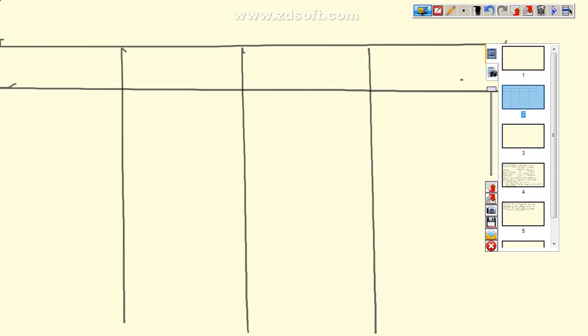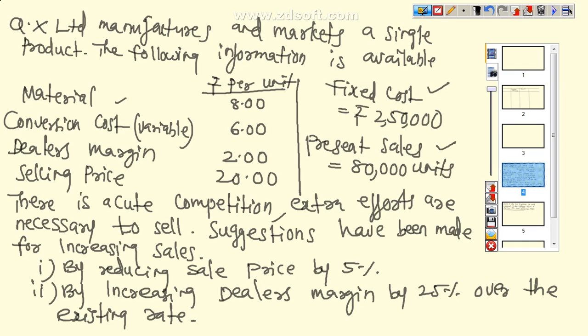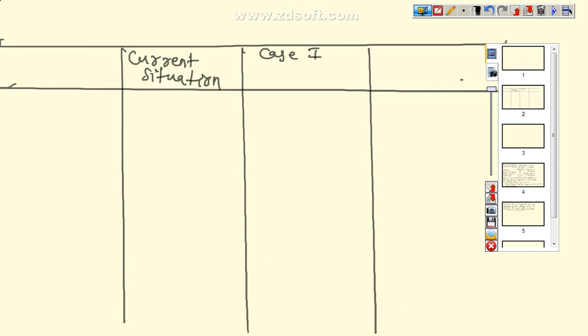Now, so here we write current situation. Here we write case 1, or suggestion 1, that is reducing sale price by 5%.